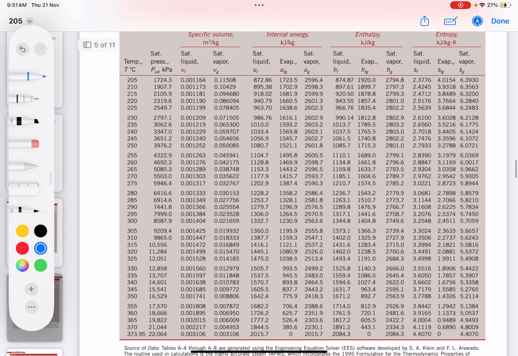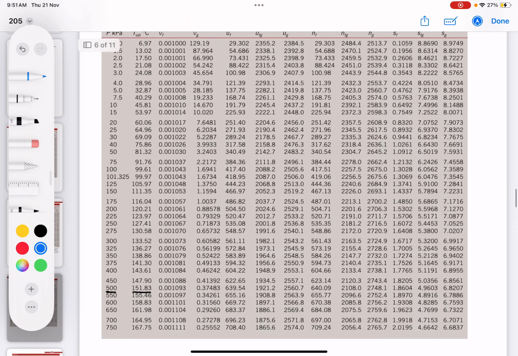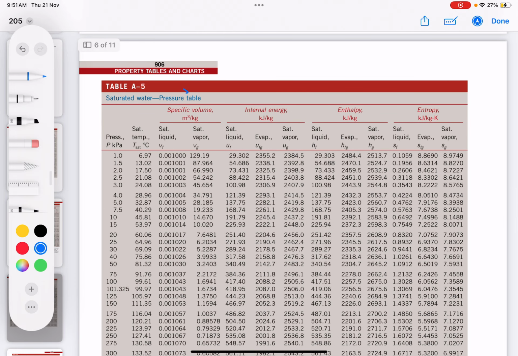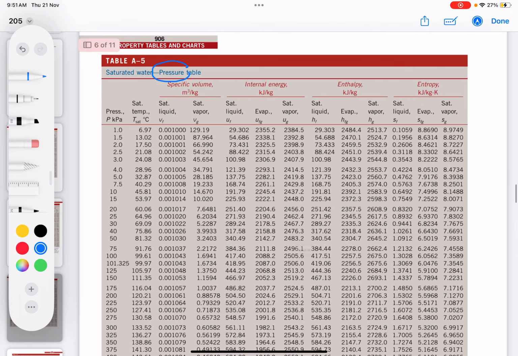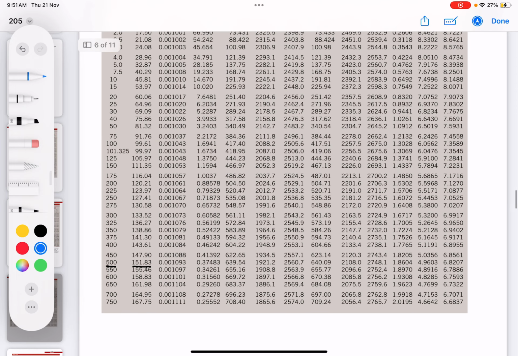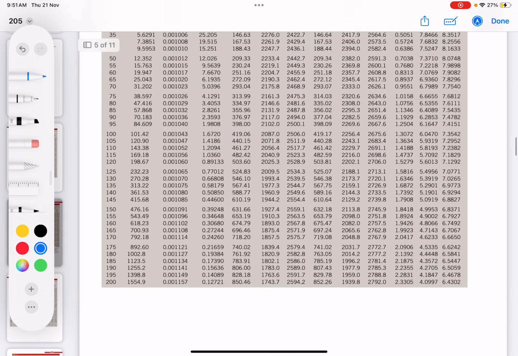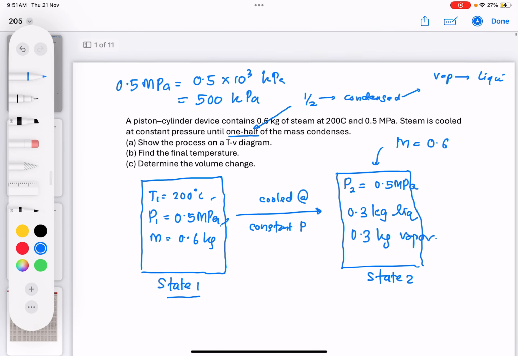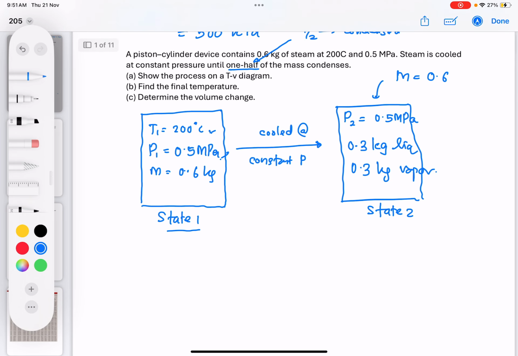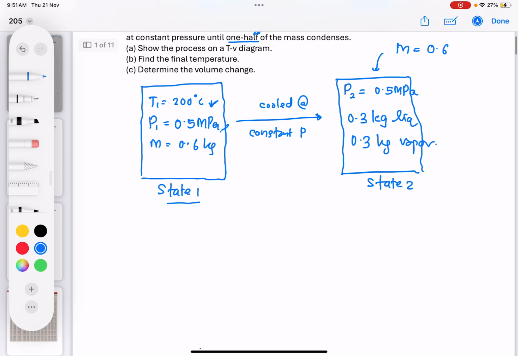Given that the pressure is 500, because pressure is given, I have to use table A5 instead of table A4. For 500 kilopascal, the saturation temperature should be 151. But the temperature given in the question was way higher compared to 151. Therefore, I can say that state 1 here is going to be in the superheated region.